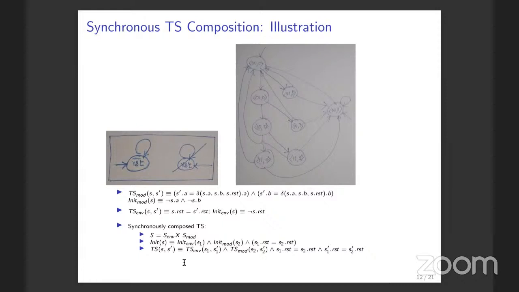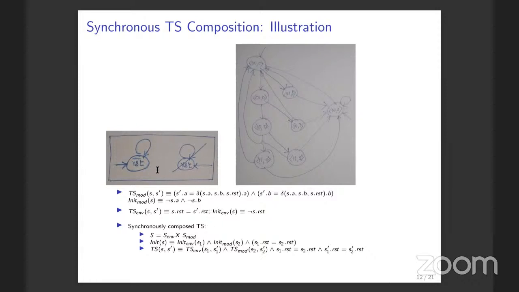Sir, could you say once again what it means to march each of them in lockstep? Okay, what that means is, you start with initial states.